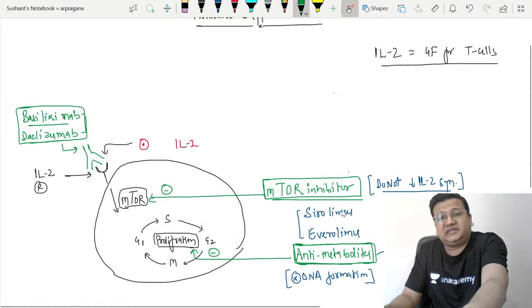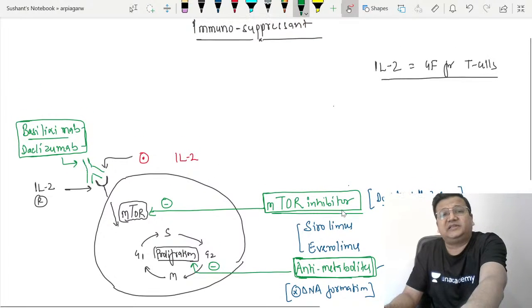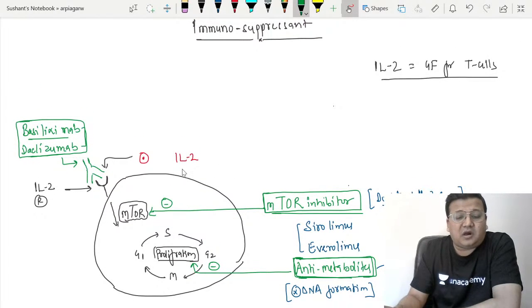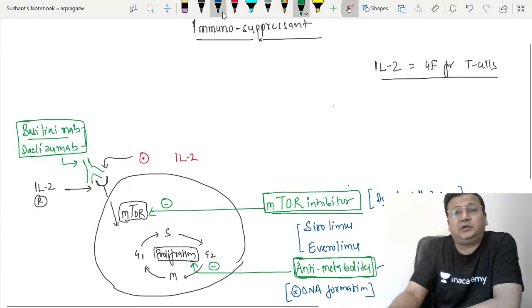But the question rises, where is this interleukin 2 coming from? That is what you have to understand: interleukin 2 is coming from activated T cells.